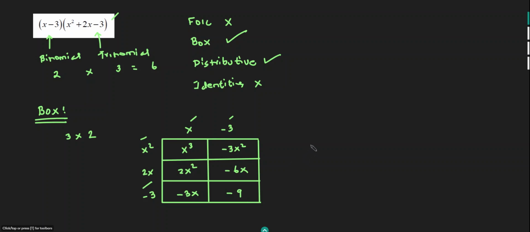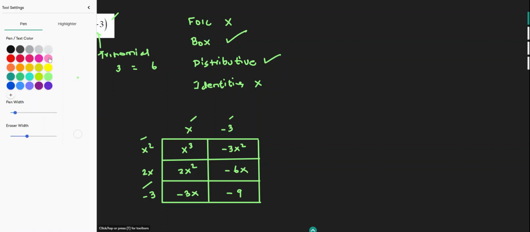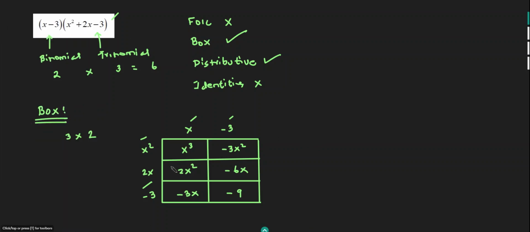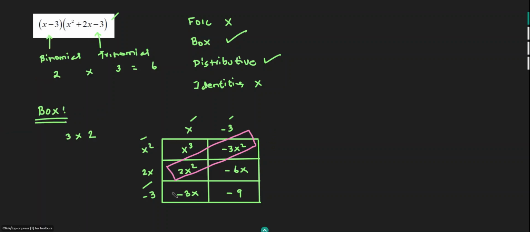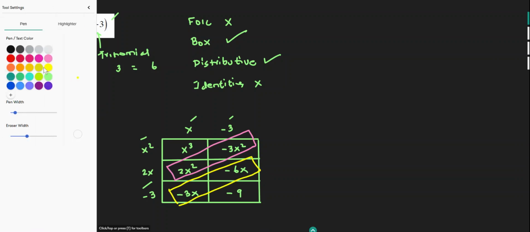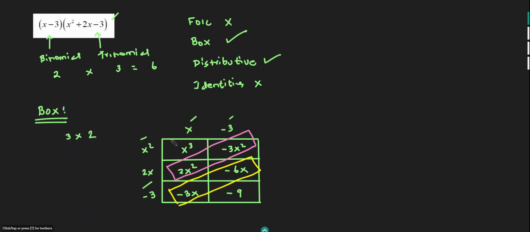Now we have to take the terms in the box and give it in simple form. So we will identify the diagonal terms, which are going to be like terms. These are the diagonals. First, I write the only cubic term, so it is going to be x cubed.